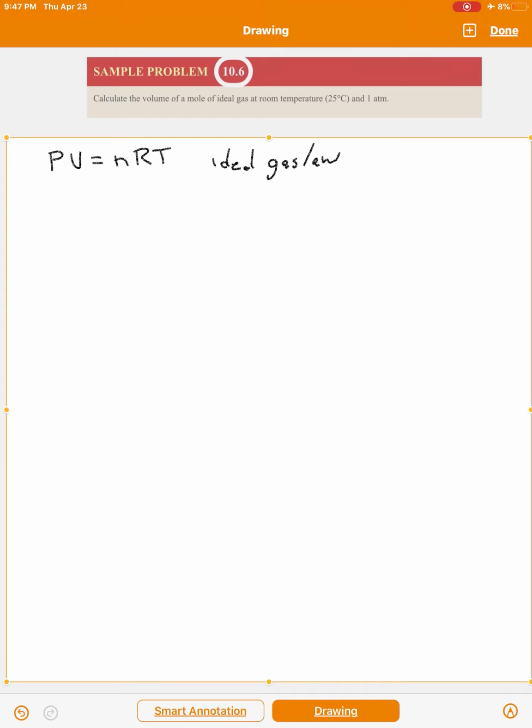So P is the pressure of the gas. V is the volume of the gas, or the volume of the container. N is the number of moles of the gas. R is what's called the universal gas constant.